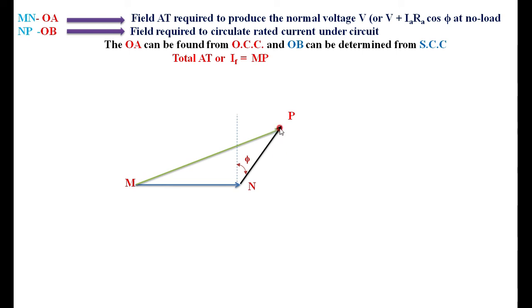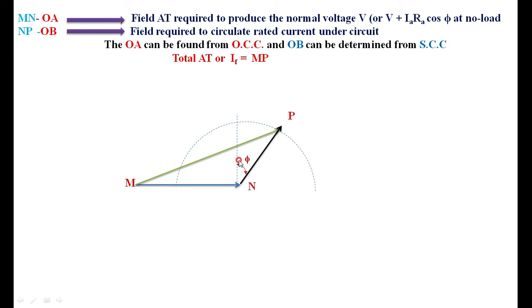Then I am getting the total field current IF here. Then taking MP as a radius, I am drawing a semicircle. Okay, that is a locus of the semicircle.